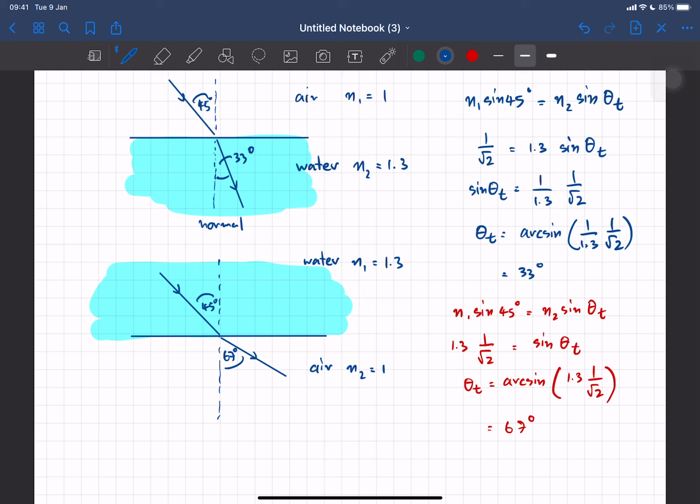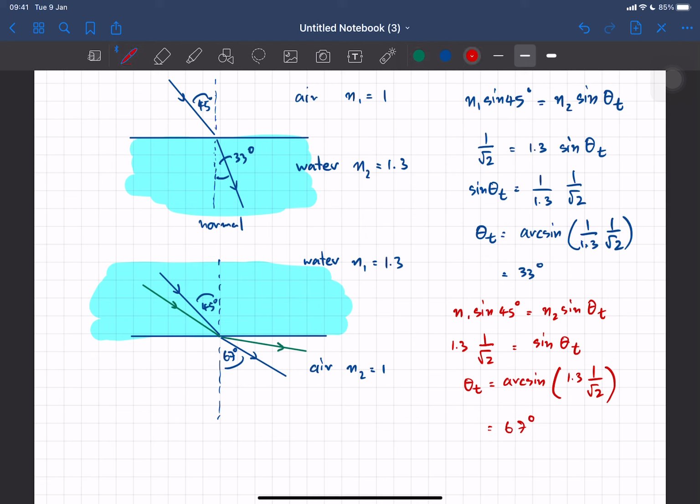So because of this, you can imagine that if I increase the angle of incidence a little bit more, then the refracted light will also have more angle going like that.